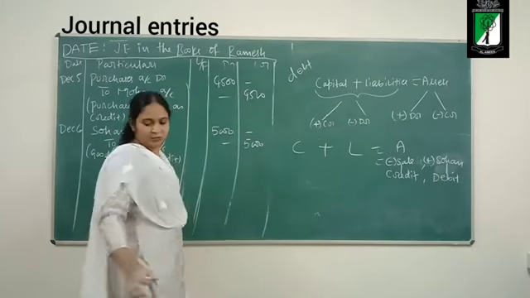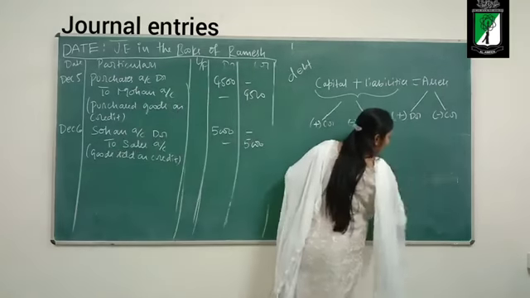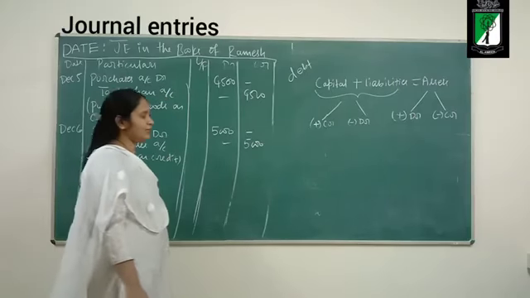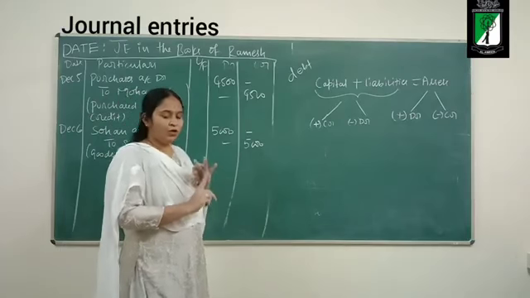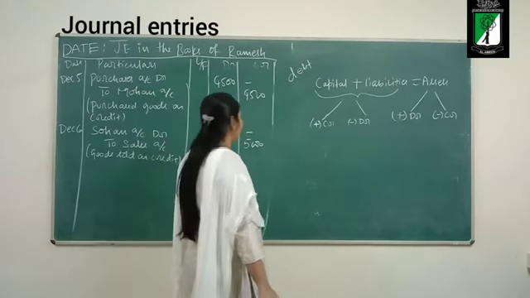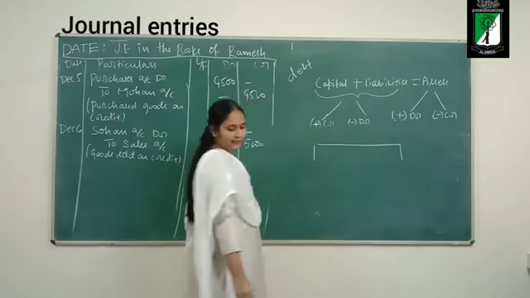Now let me solve this with the help of the traditional approach. What does the traditional approach tell? Okay, there are 3 rules of account which you have to follow: personal account rule, real account rule and nominal account rule. Now here business is selling goods on credit.